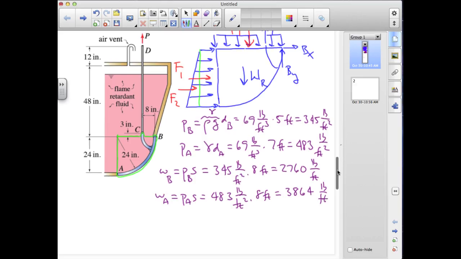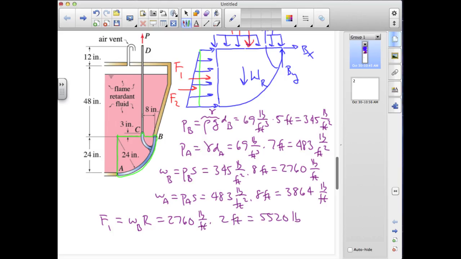Now the force F1 is the line load times the length along either the top or the side, which is the radius of 24 inches that's shown there in the figure. So this is wB times the radius R, and that's 2760 pounds per foot times 2 feet. It's equal to 5520 pounds.